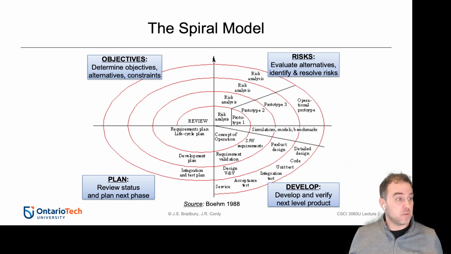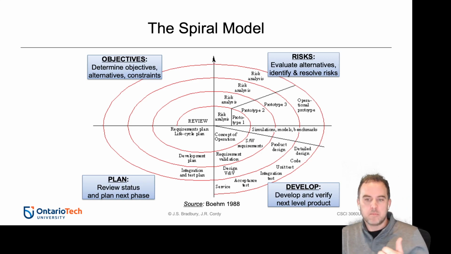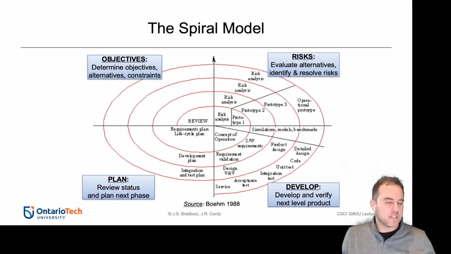Very heavyweight, very heavy-handed. But in a case where you really need the software, it's important that you hit every requirement and that it's built a certain way. This may be critical. An example where this would be useful is a missile guidance system. You don't want somebody doing a missile guidance system using agile development necessarily.